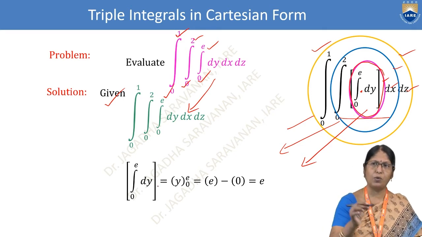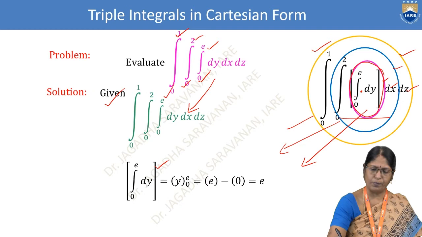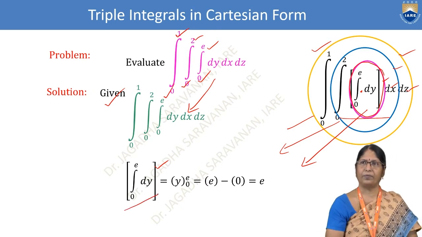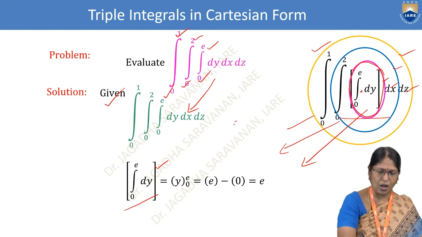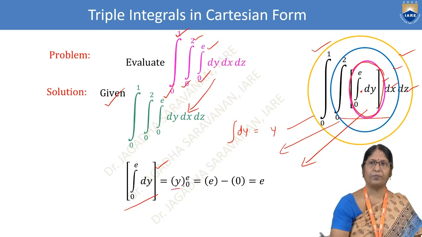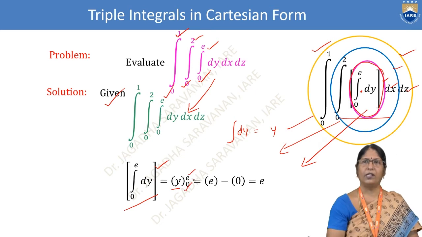Here the innermost is written here. Our innermost integration is from 0 to e, dy. Yes, it is written here. So now the integral of dy is nothing but y. So here it is written, from 0 to e, the limits from 0 to e. Fine.